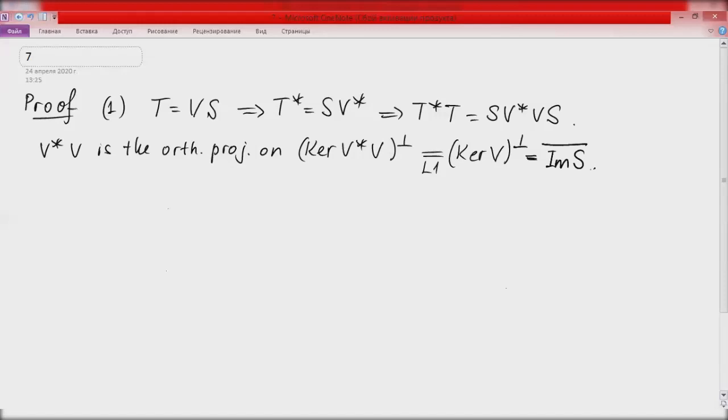And this implies that if we combine V star V with S, we get S. So this operator, V star V, is identity on the image of S. And so if we now go back to this formula, we conclude that T star T equals S squared.